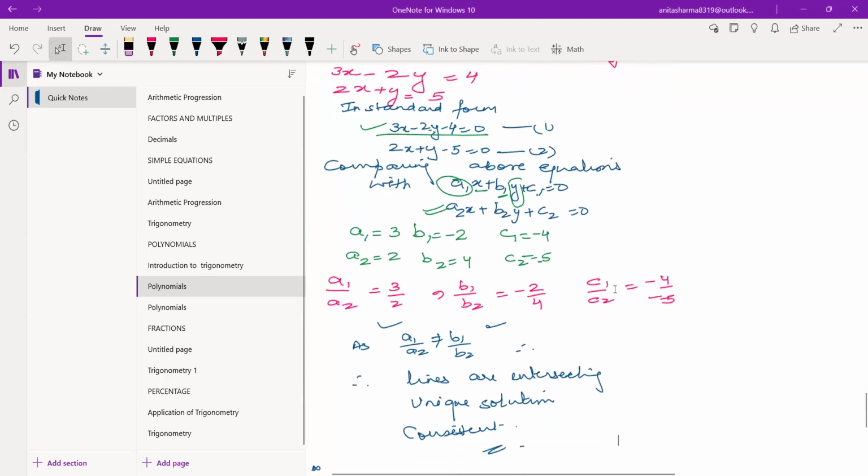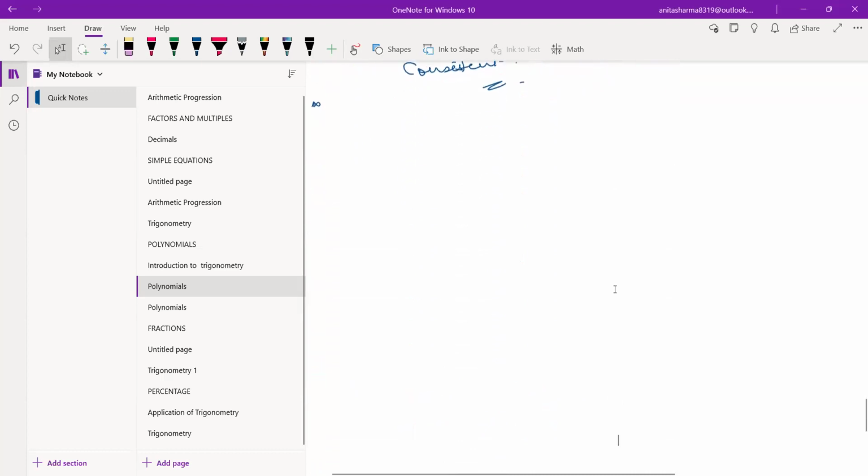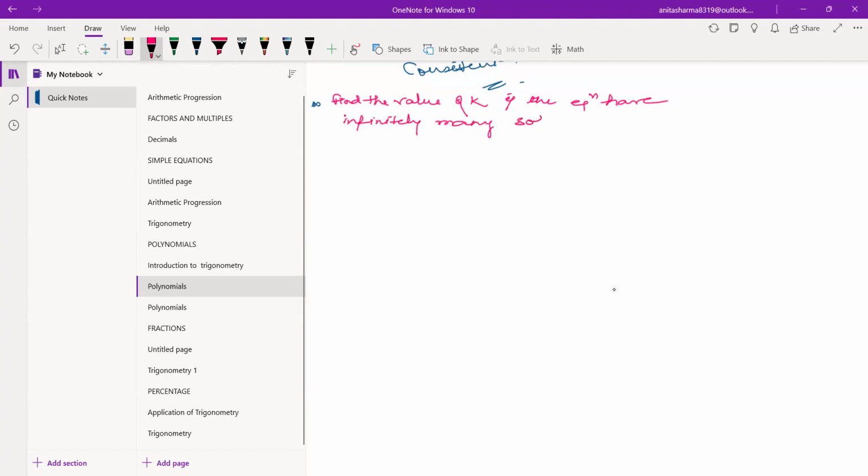Now next question, children, see. In your exam, it can be asked: find the value of k if the equations have infinitely many solutions. Now they have given the condition, infinitely many solutions.